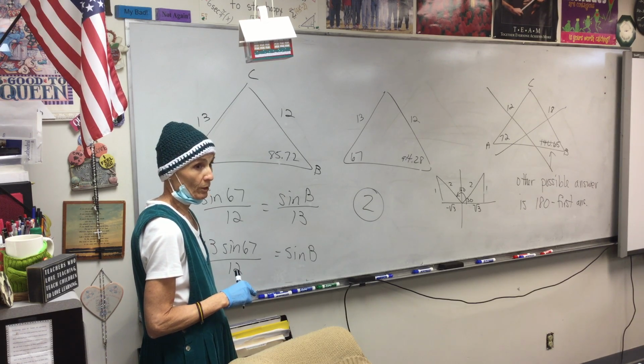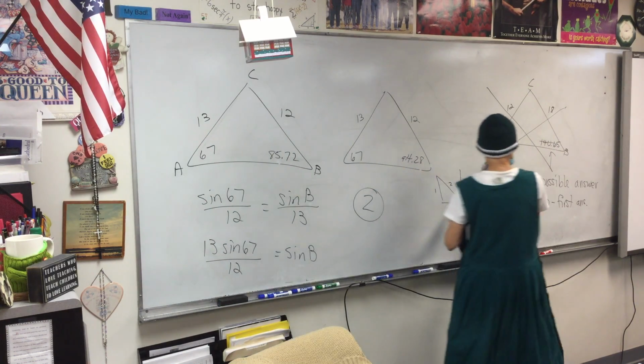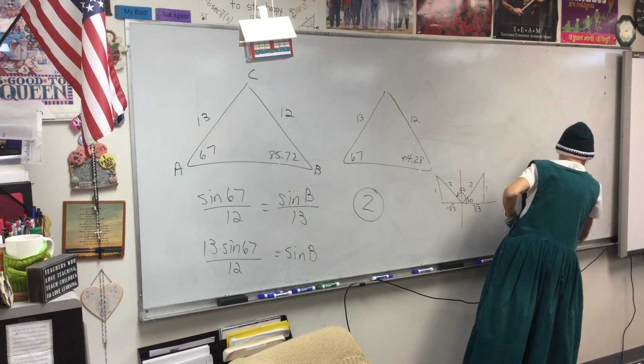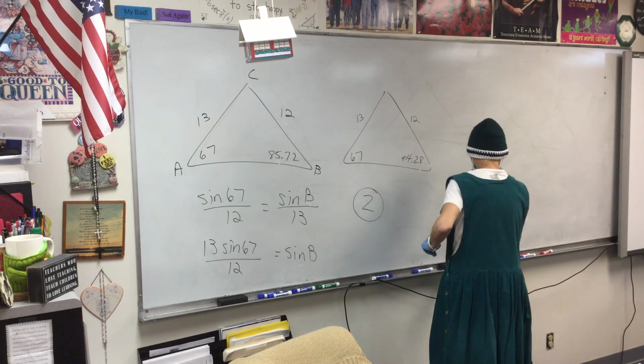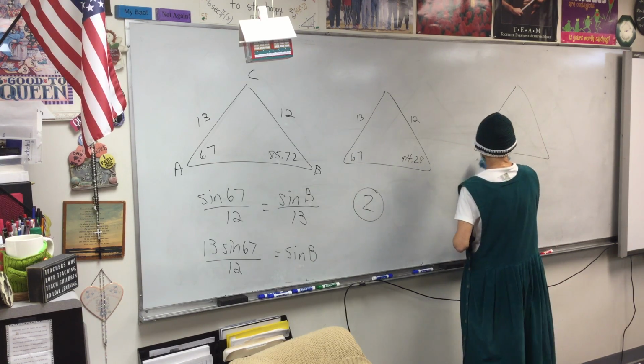Okay, you ready to try one on your own? Okay, I'm not asking you to solve it all the way out. I just want you to tell me how many triangles are possible. So let's see how you do with this one.